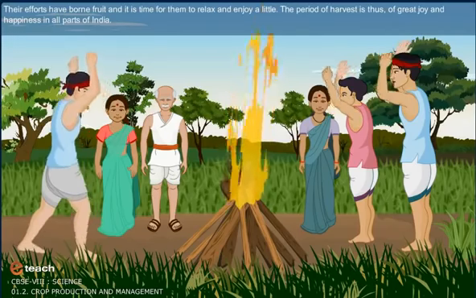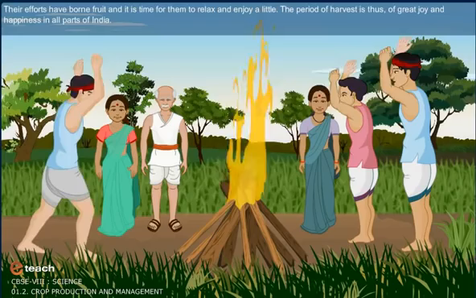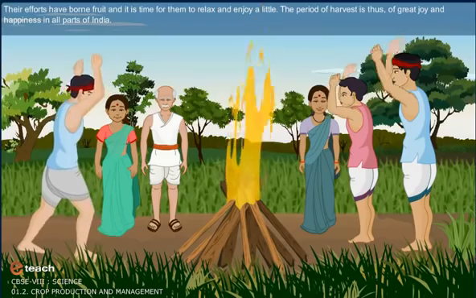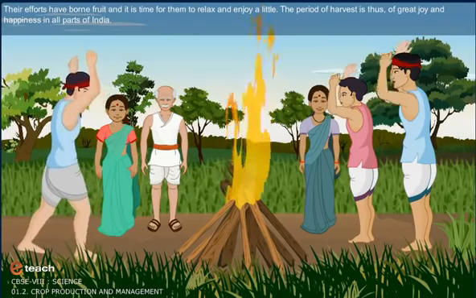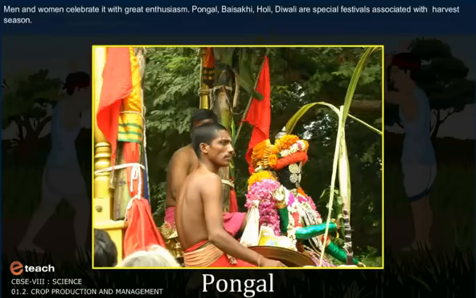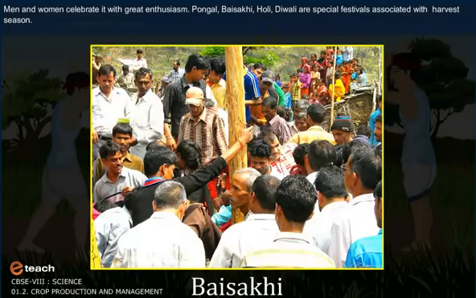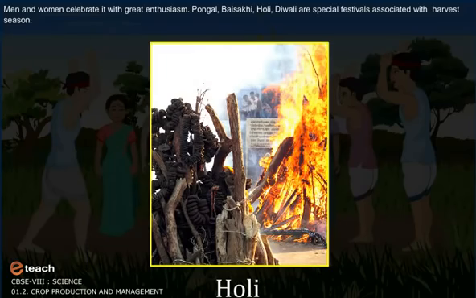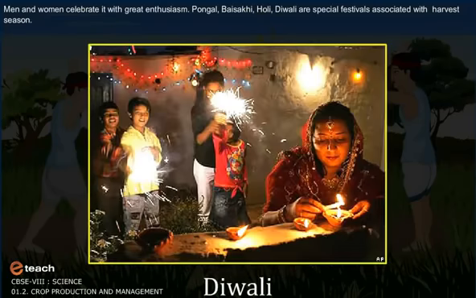The period of harvest is thus of great joy and happiness in all parts of India. Men and women celebrate it with great enthusiasm. Pongal, Baisakhi, Holi, Diwali are special festivals associated with harvest season.